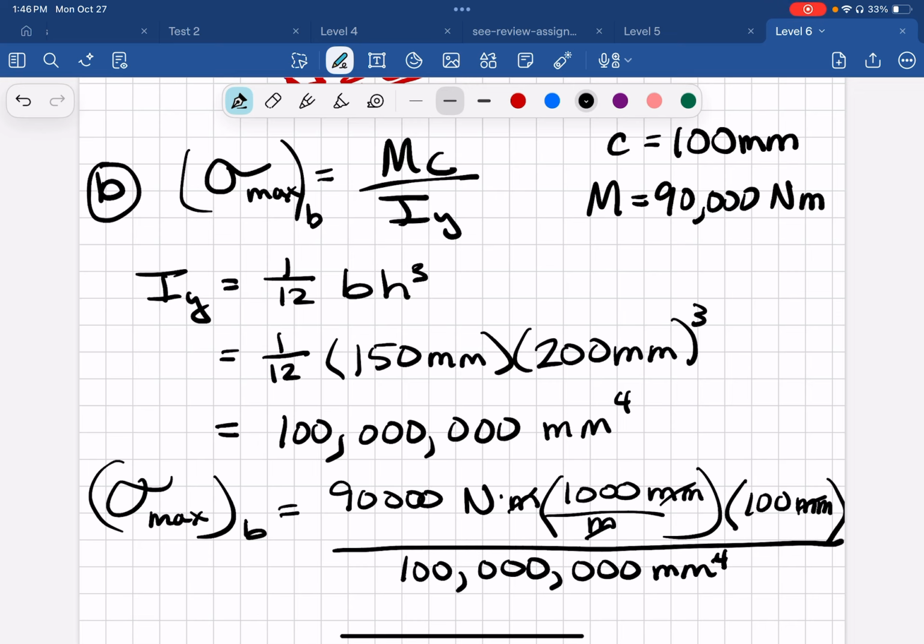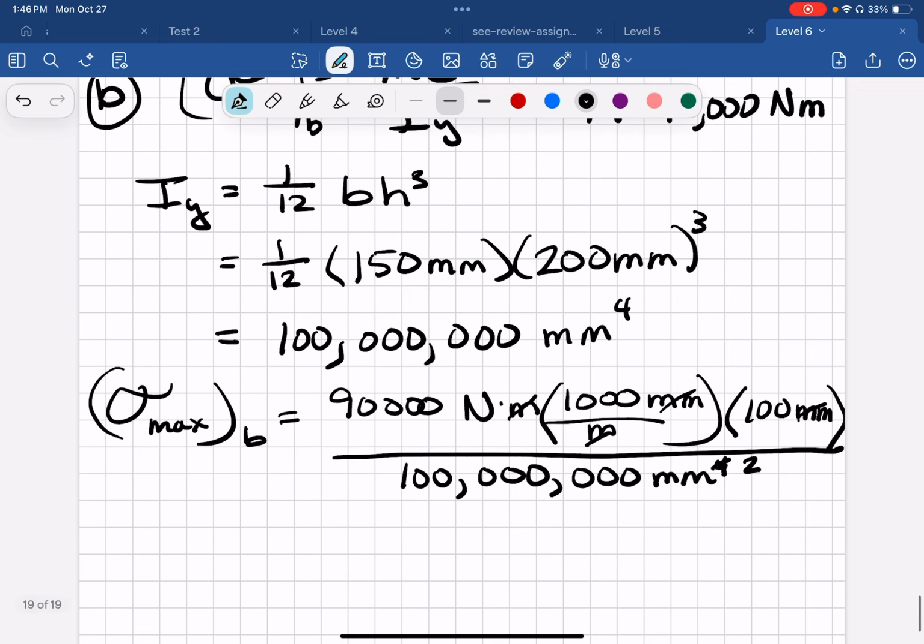So the millimeters cancel out. So we get newtons per millimeter squared, which is megapascals. And we'll calculate that really quick. We get 90 megapascals.